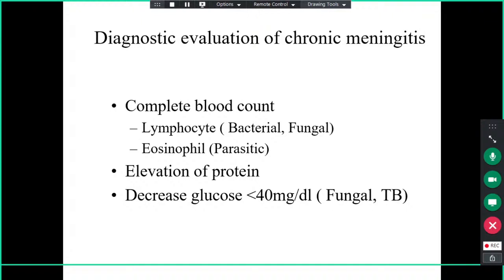In bacterial or fungal, like acute cases, you see the neutrophil count high, and in chronic, like tubercular, you get lymphocytes, fungal also you get lymphocytes, sometimes eosinophils also, but mainly lymphocytes. Eosinophils you see in parasitic, and there is elevation of protein, decreased glucose level, so that will be there. In viral, I said that glucose level most of the time doesn't change.